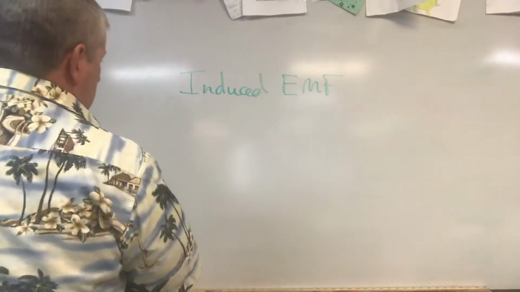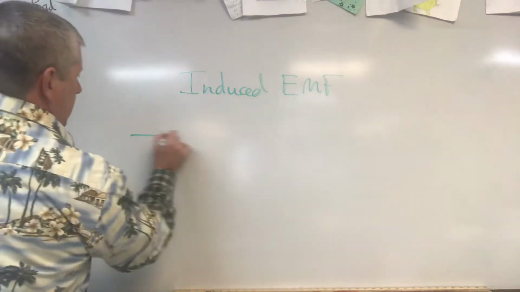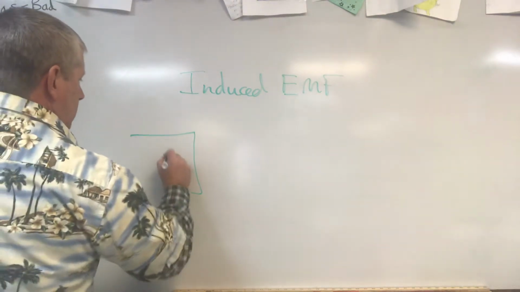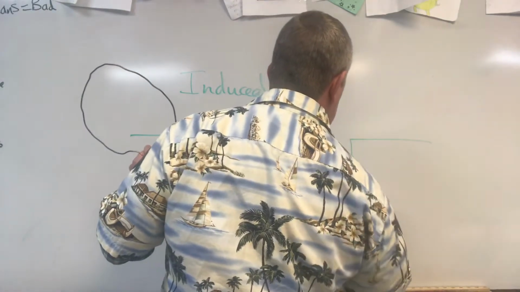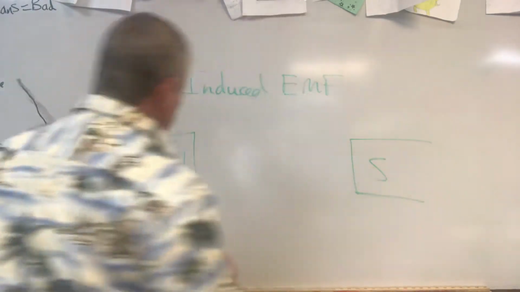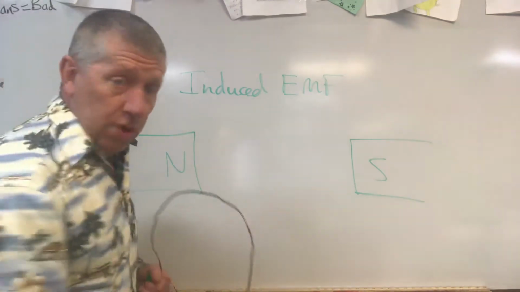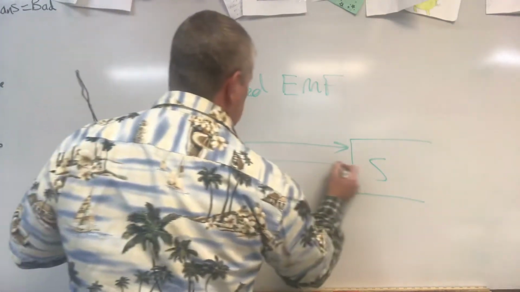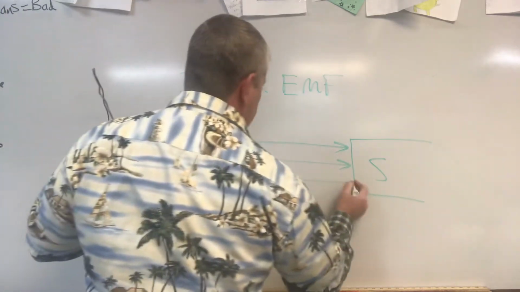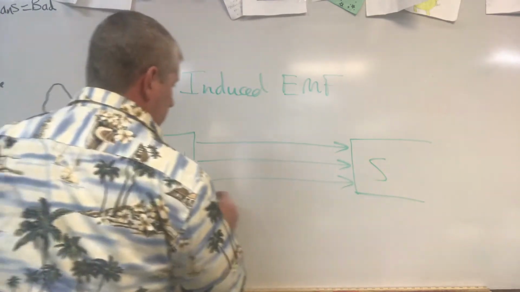We'll draw a magnet with the North Pole here and a magnet with the South Pole here, and there would be a field, remember, out of the north into the south. So we would have a nice magnetic field going from the north to the south like this.